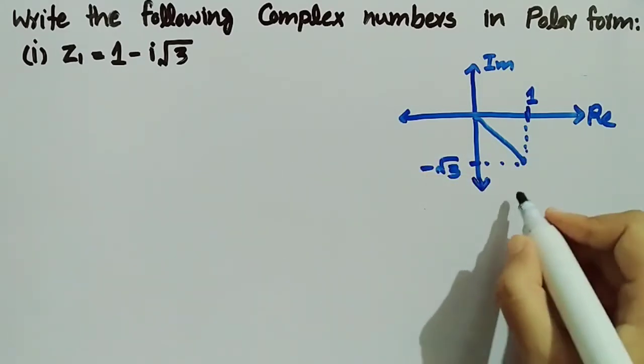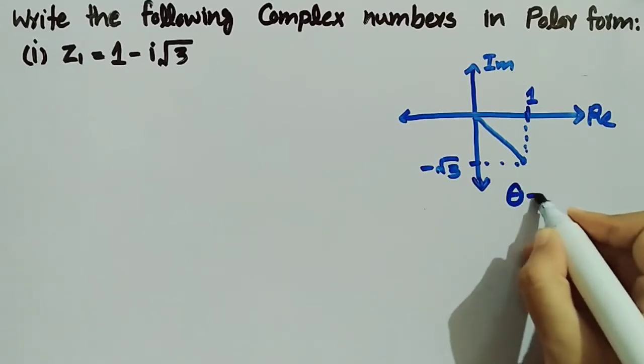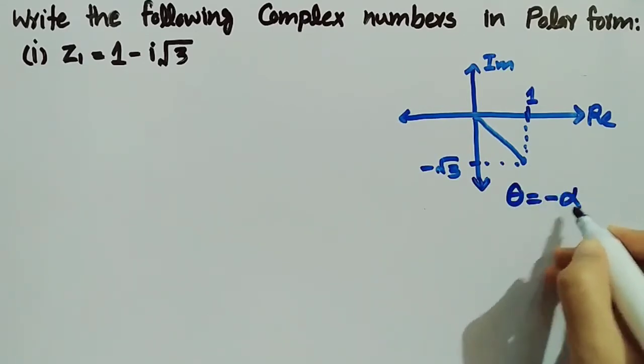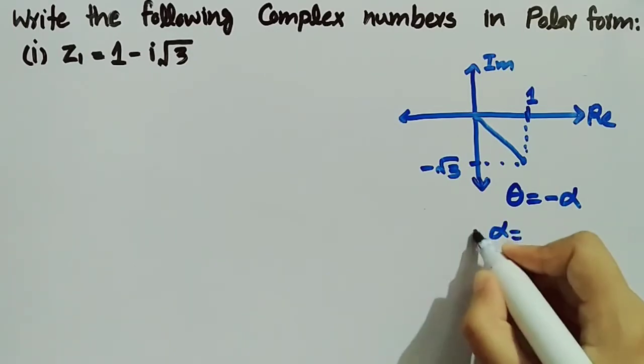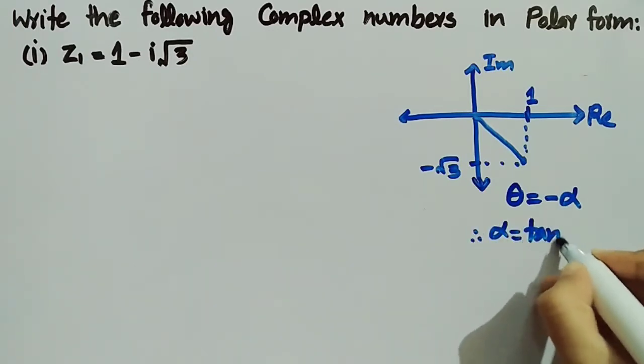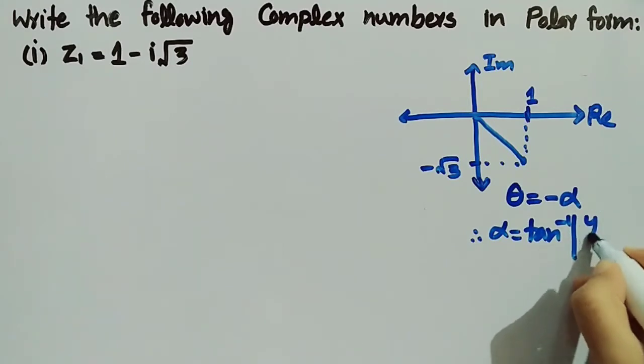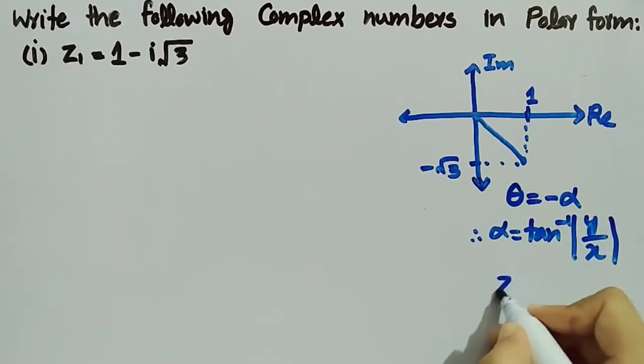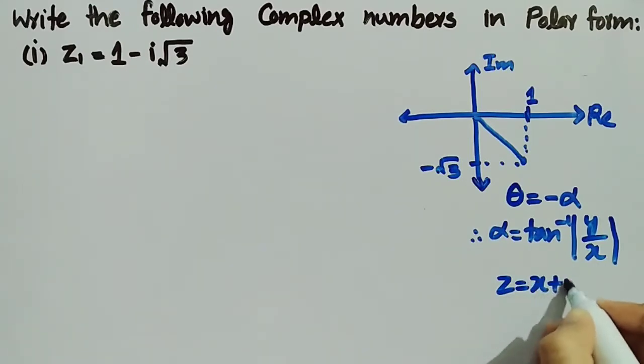So its principal argument theta will be equal to minus alpha, where alpha is equal to tangent inverse y by x for any complex number z equal to x plus iota y.